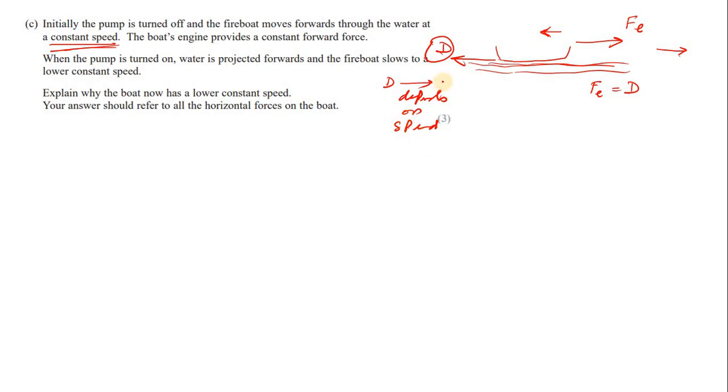So of course there is a backward force from the pump, but drag has also decreased. So overall, again, all the forces are balanced, and then the boat starts moving again with a constant velocity, but that constant velocity will be lower than the previous one.